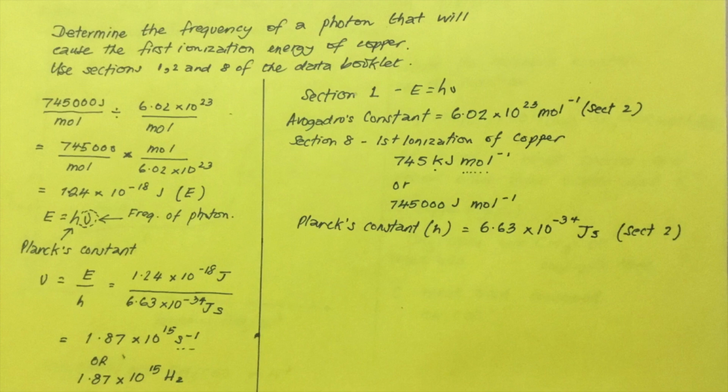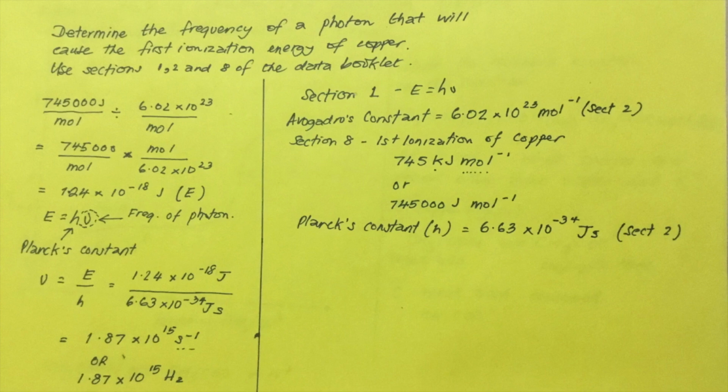So with that in mind, we could then go into section 1 of the data booklet and recall this equation. E, energy, equals h, Planck's constant, multiplied by nu, the frequency. We should also recall that the Avogadro's constant, 6.02 by 10 to the power of 23 of any entity, makes up that 1 mole.